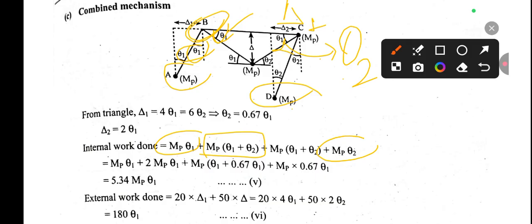No, not 2, this is 1. Because these two angles are theta 1, so theta 1 plus theta 1, so this value becomes 2 theta 1. For this section, for this point C we have also MP into theta 2 plus theta 2, both are theta 2 and theta 2.